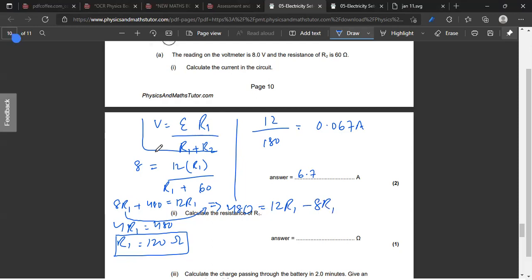So it's algebra. So 480 equals 4R1, and then divide by 4 equals 120. And then calculate V over R.